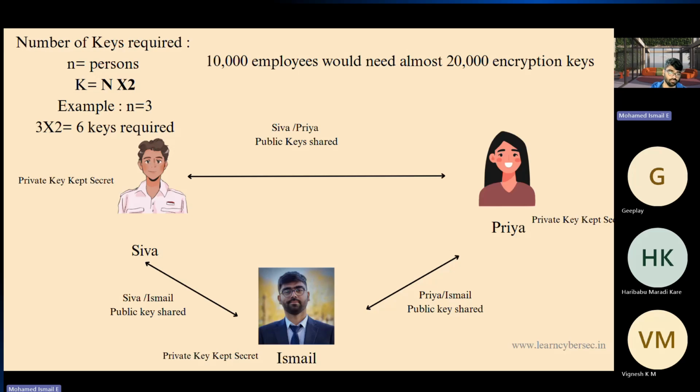So if there is a question about asymmetric versus symmetric, which one is faster, you know the answer. If there is a question about the number of keys required, you have the answer and formula ready. If there is a comparison between asymmetric and symmetric, you know how encryption and decryption work for each type.